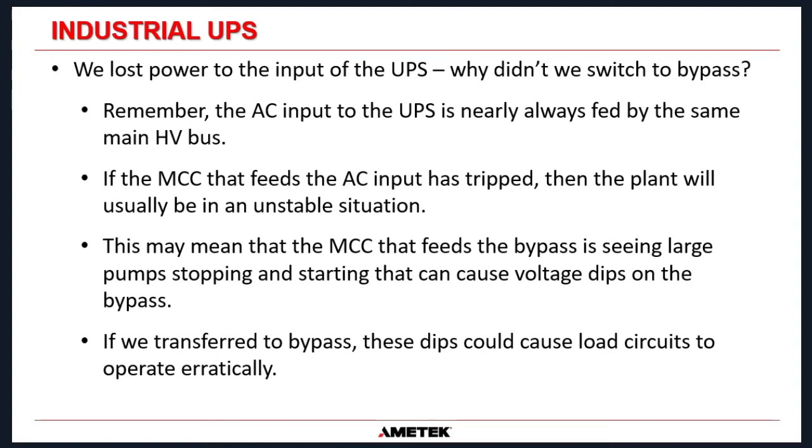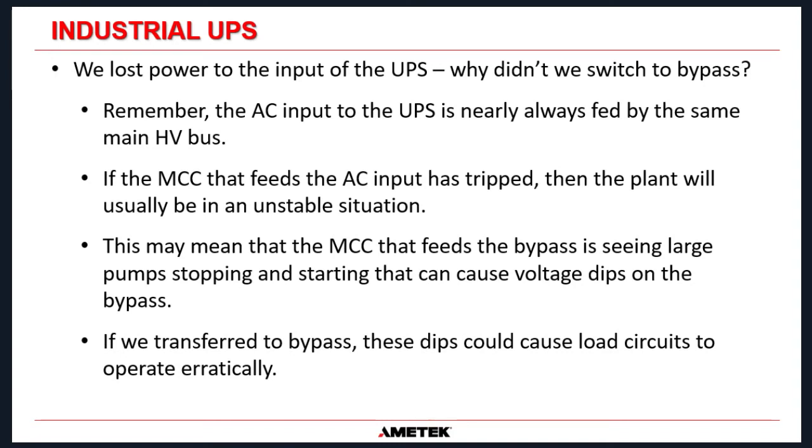So remember, the AC input to the UPS is nearly always fed by the same main HV bus upstream of the MCC, okay? So if the MCC that feeds the AC input to the UPS has tripped, then that usually means that MCC is seeing a lot of other things, a lot of disruption.